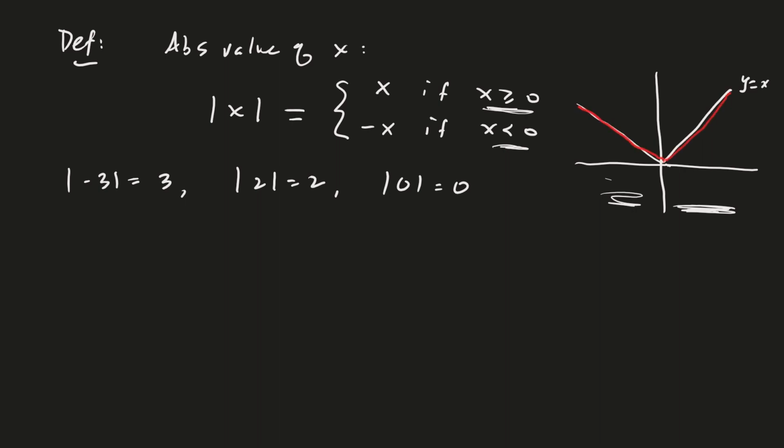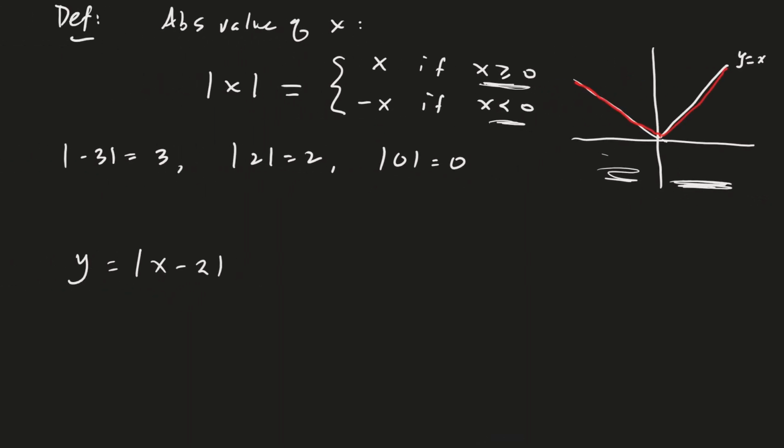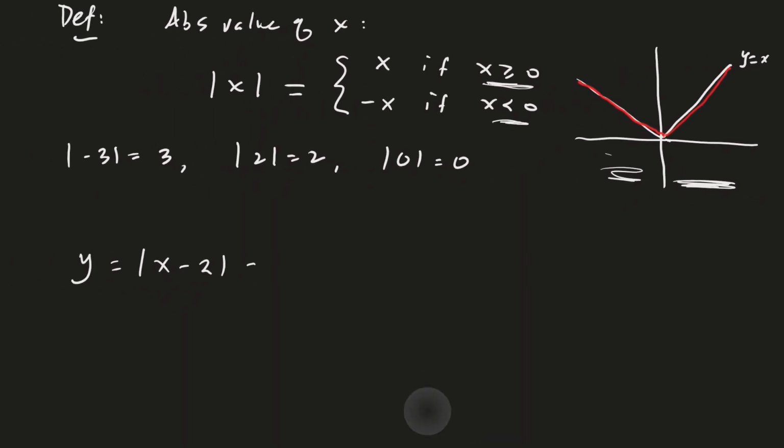It's the V. Okay. Now, how would we define something like y equals the absolute value of x minus 2? Well, we take the same definition here. It's going to be x minus 2 if x minus 2 is greater than or equal to 0, or it's going to be minus (x minus 2) if x minus 2 is negative.